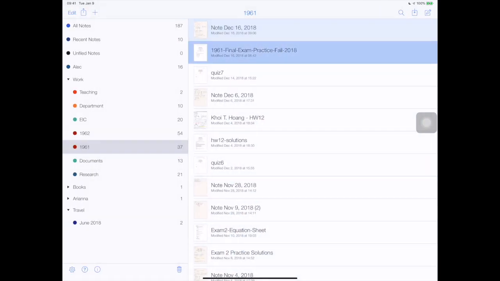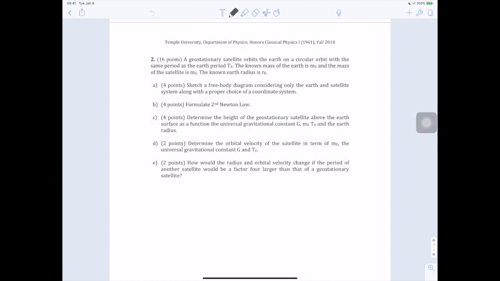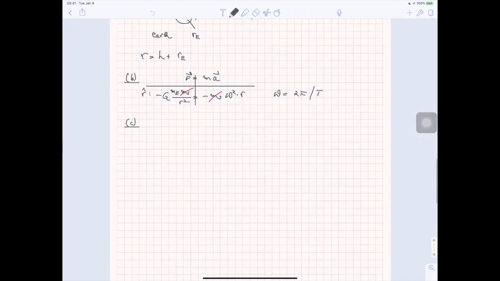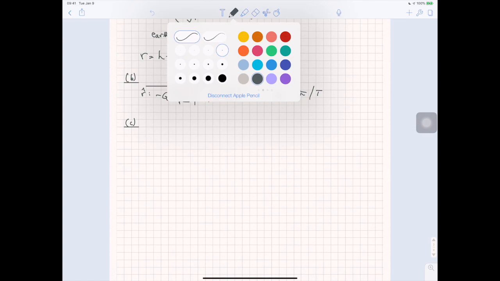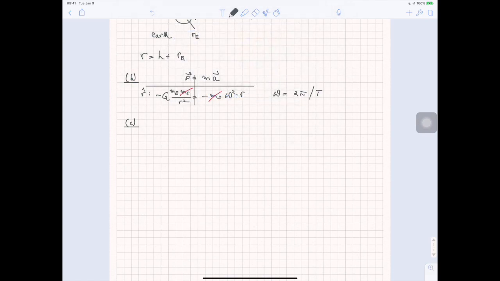Now let's go back to what we were asked in part C: determine the height of the geostationary satellite above the Earth's surface as a function of the universal gravitational constant G, M_E, T, and the Earth radius. The height is therefore h equals r minus R_E.